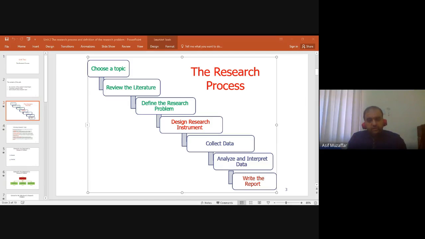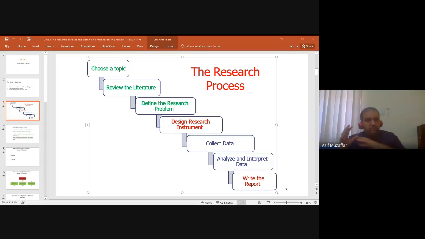So contextual means your research work can either contribute to the theory, you add some value to the theory, theoretical contribution, or you add some value in the context. Context means this is a new research.